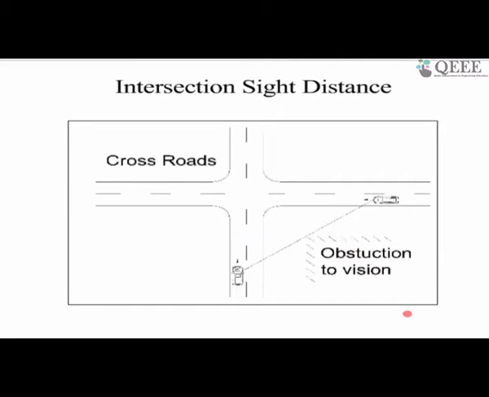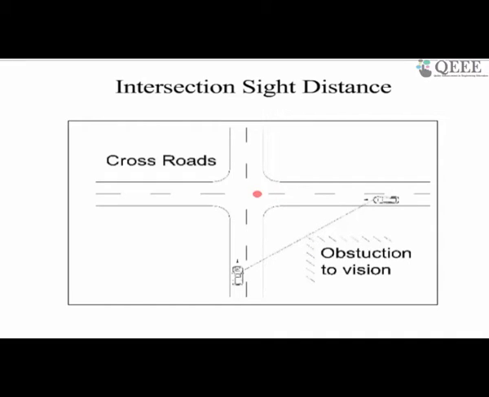Now the intersection is quite straightforward, but it is based on the stopping sight distance. At an intersection, vehicles coming from two different roads need to see each other, and in the worst condition they should be able to stop before colliding. So both should have enough distance to stop. When both are traveling at the same design speed, they should have enough time to react and stop.